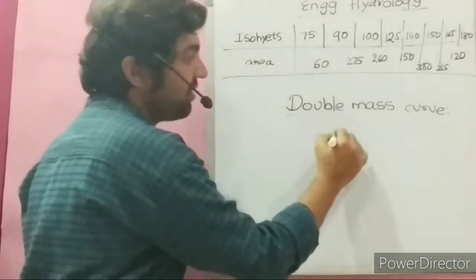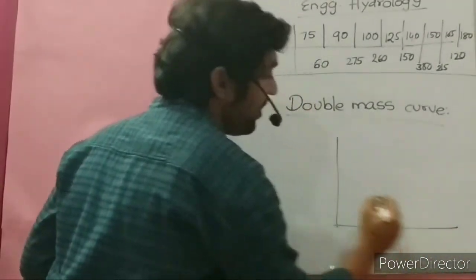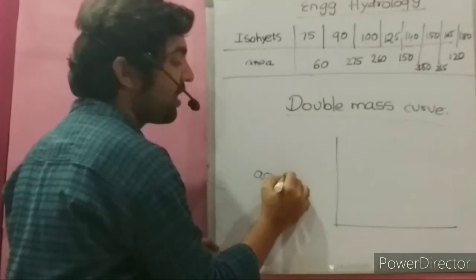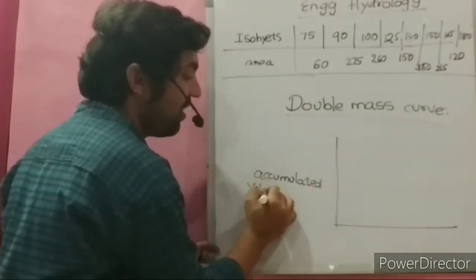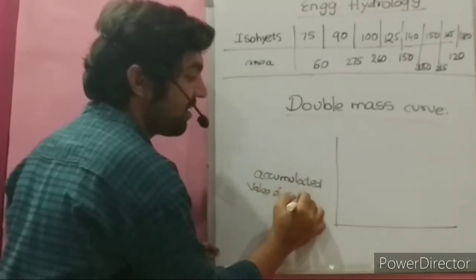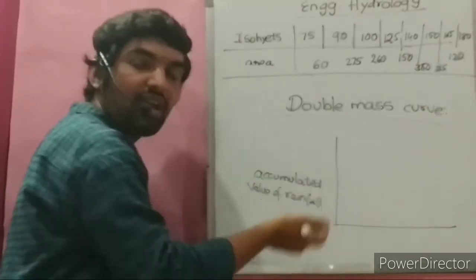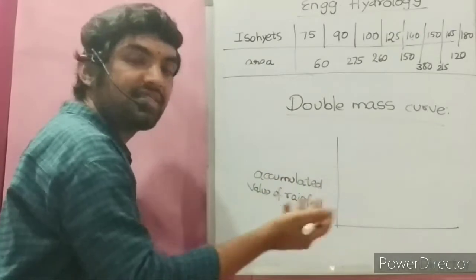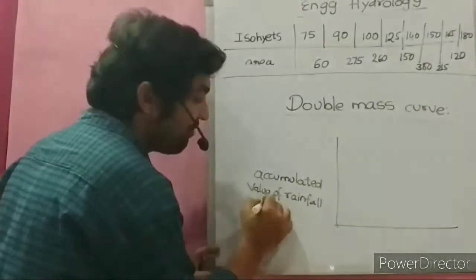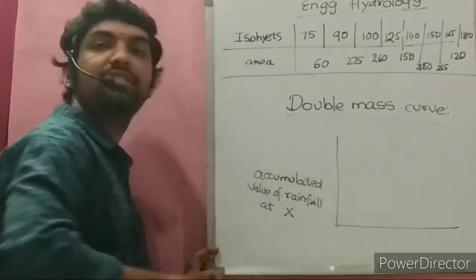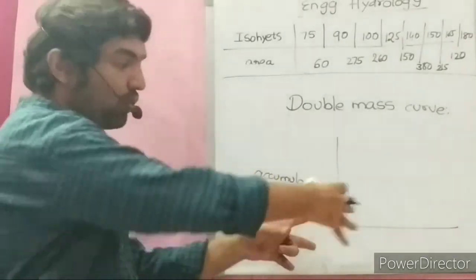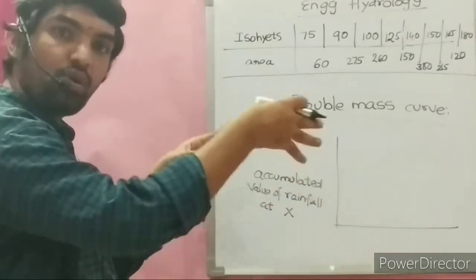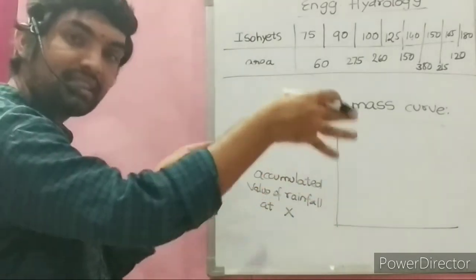So how do you draw this curve? Accumulated value of rainfall at the unknown station, that means the station where rainfall data is unknown, the ungauged station. Let us say unknown station X. We know all the surrounding stations will be there, so we know the rainfall accumulated at those surrounding stations.